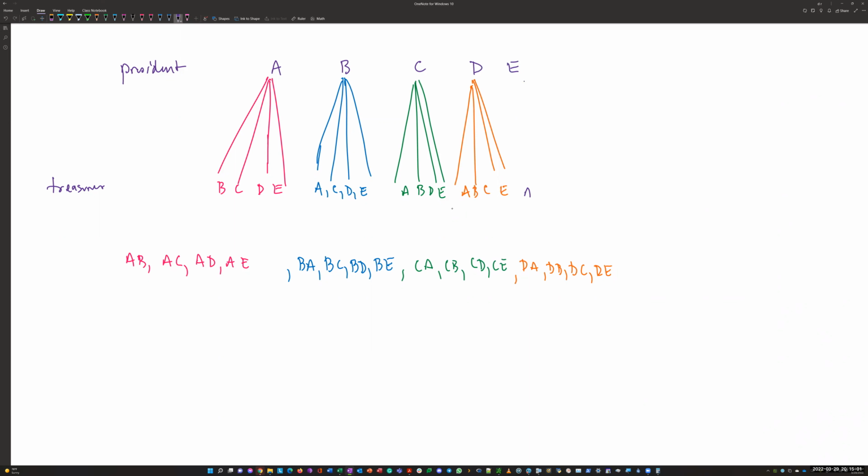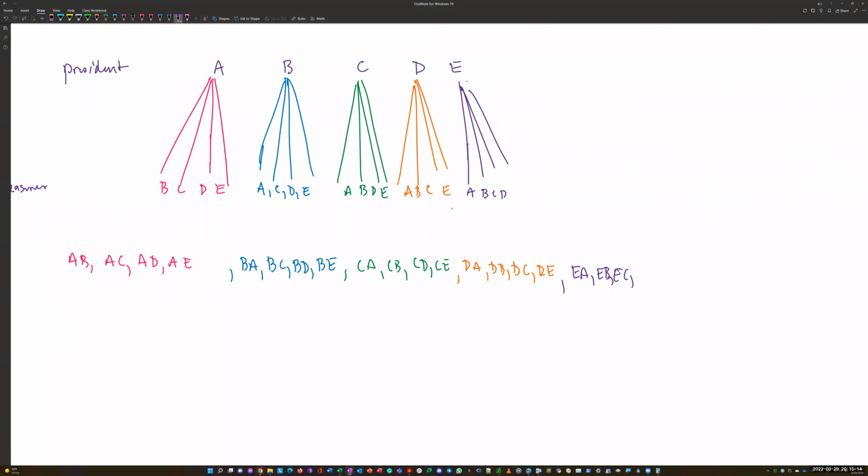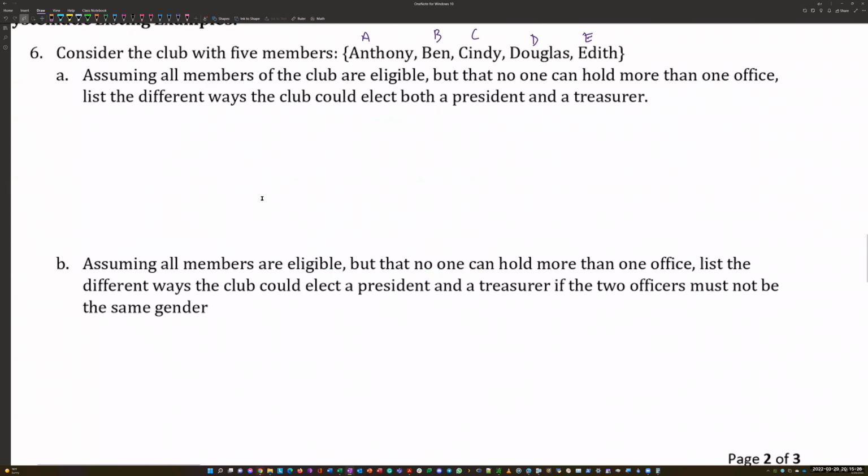E could go with A, B, C, or D, I guess. But I'm telling you that if you write it out on your test, you'll still be able to finish. Okay? Any questions?